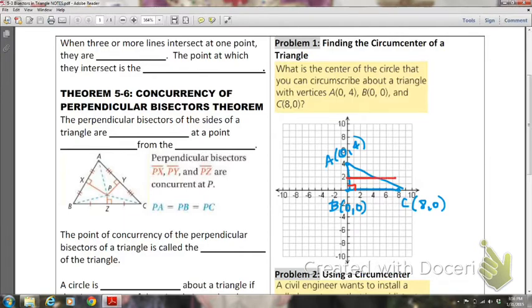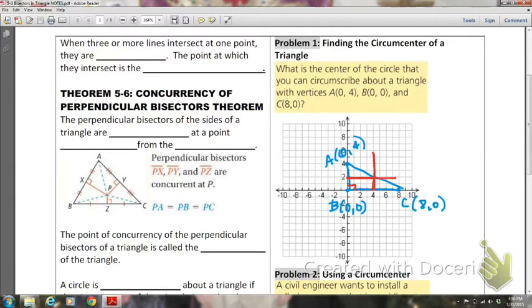0,2. Now let's look at the bottom of the triangle, which is a horizontal line between B and C. It goes from the origin to 8, so it's a length of 8. So the perpendicular bisector for that side is going to be at x equals 4, and it's going to go vertically.